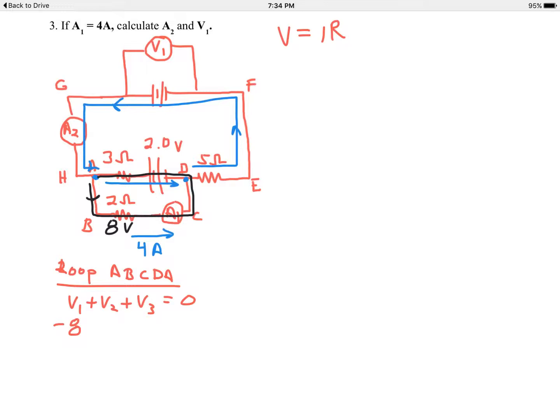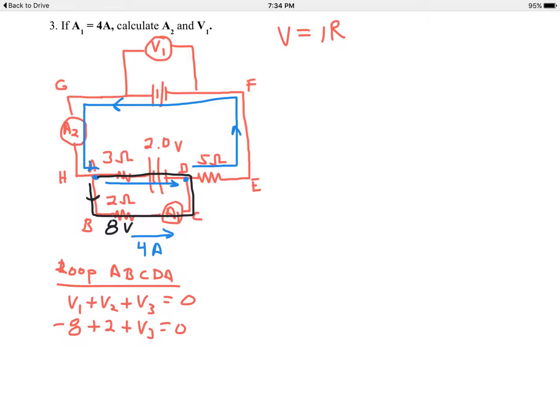That's what started the problem. Then as I go from C to D towards A, I'm going with that battery. If I go counterclockwise around that loop in that same walking path from D to A, that's actually going with that battery. So I'm going to go conventional plus 2 volts for that battery. And then I have plus V3 equals 0. Now, you could have put minus V3 there, but really it doesn't matter.